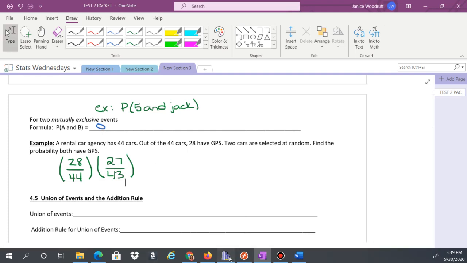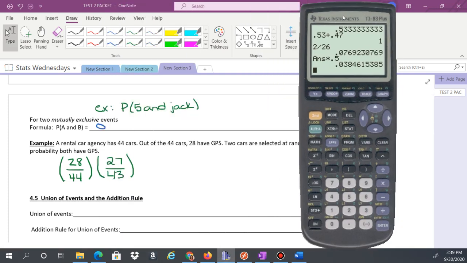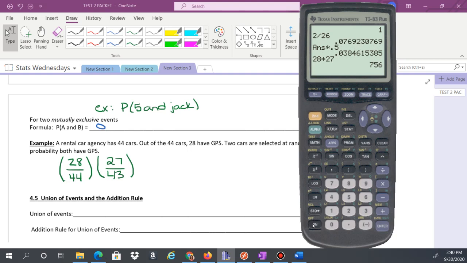So you multiply the probabilities. So I would do 28 times 27, and then 44 times 43, and then you have 756 divided by 1892, so 0.4.